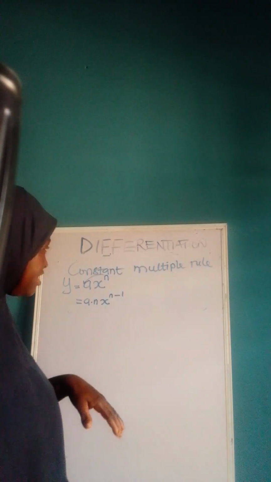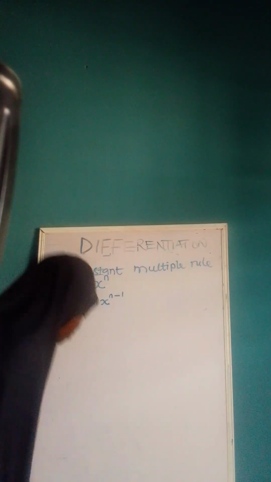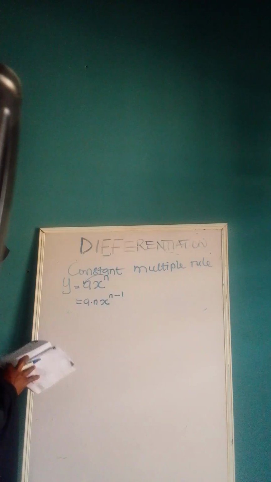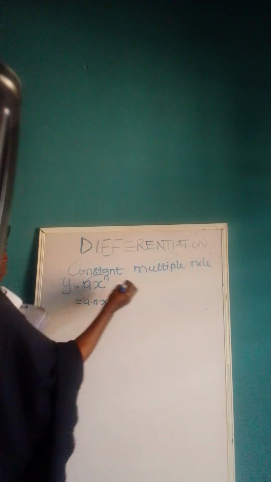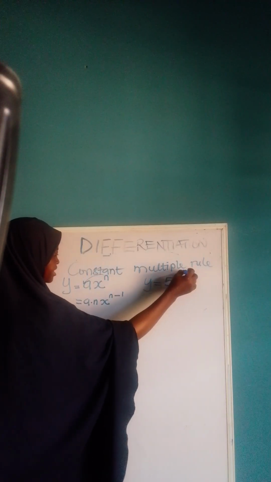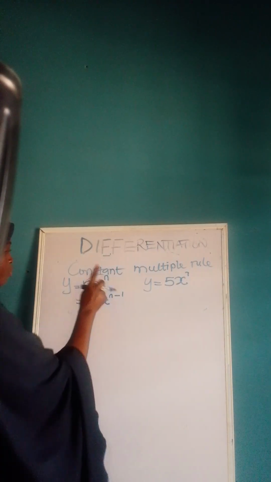Do you understand it? So for instance, look at the way I'm going to do this one. Assuming I'm given y equals 5x raised to power 7, and you are asked to find the derivative of y.